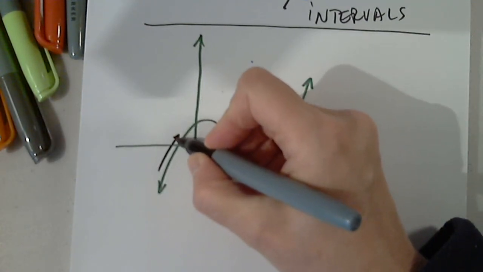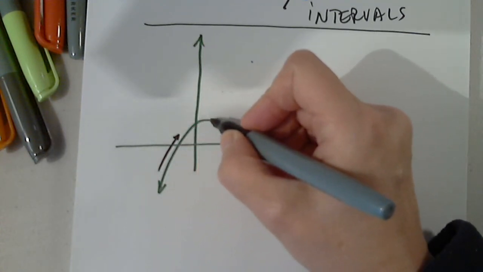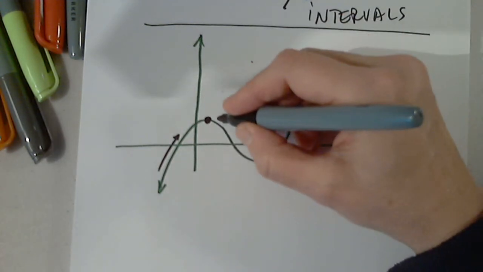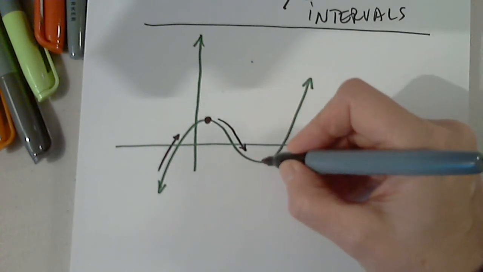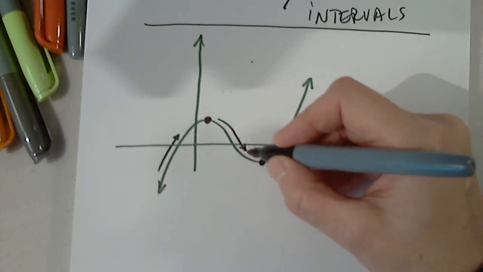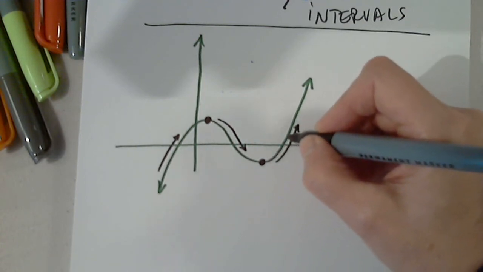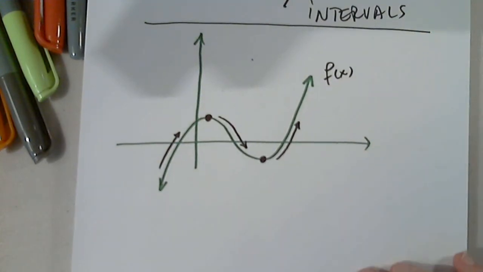So the function is increasing. The function values, the y values, are increasing till this point. And then the function is decreasing. The y values are decreasing till this point. When the function now starts, the y values start increasing. So this is our f of x.